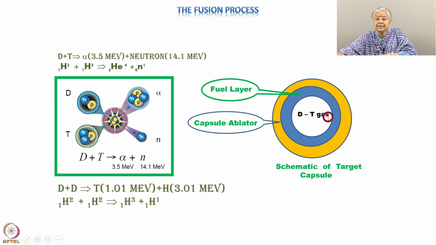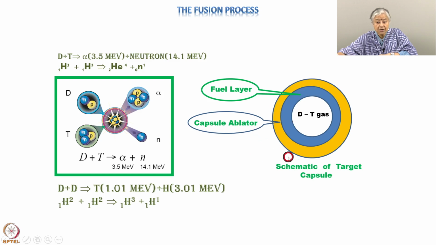Fuel layer is again DT, but it is solidified, frozen or solidified. This part is the gas part, and this part is the frozen DT fuel. And then you have one more capsule here, which is called the capsule ablator.